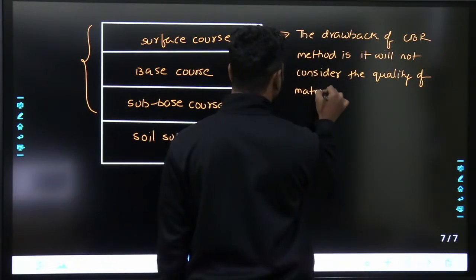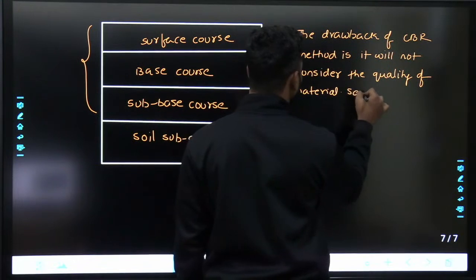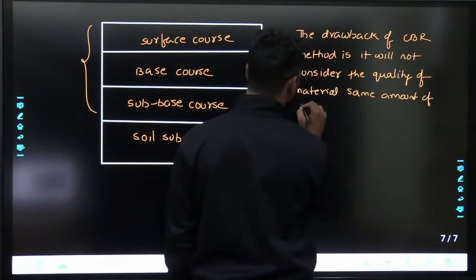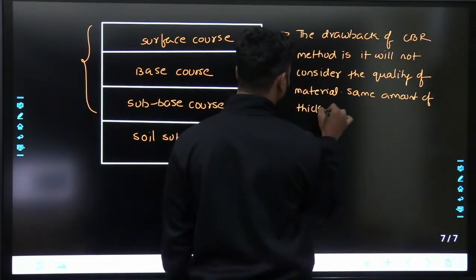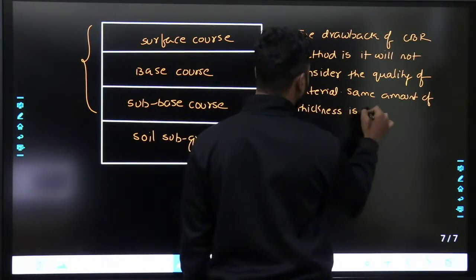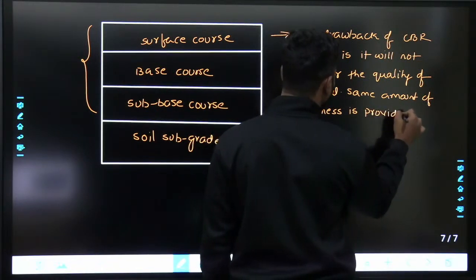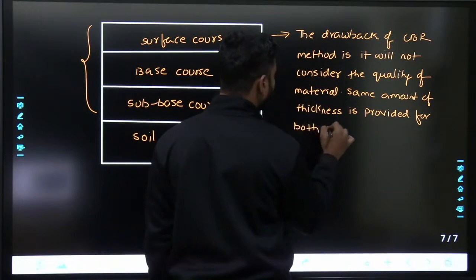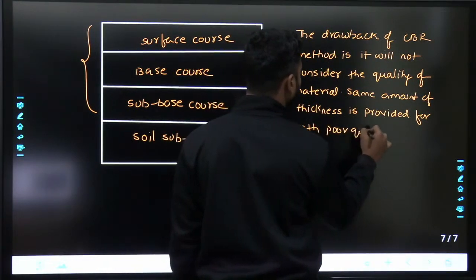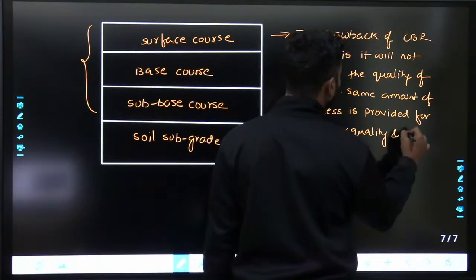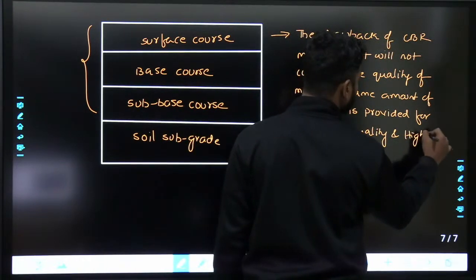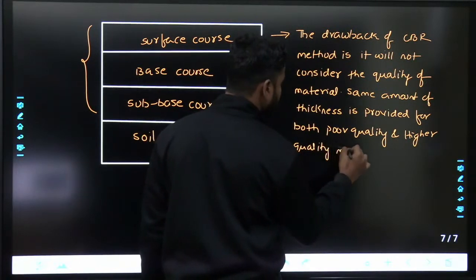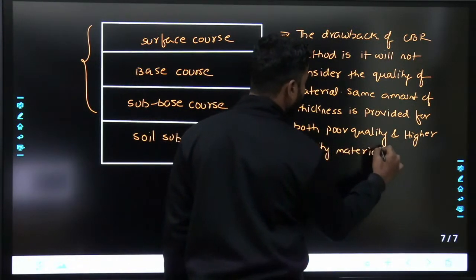The same amount of thickness is provided for both poor and higher quality materials.